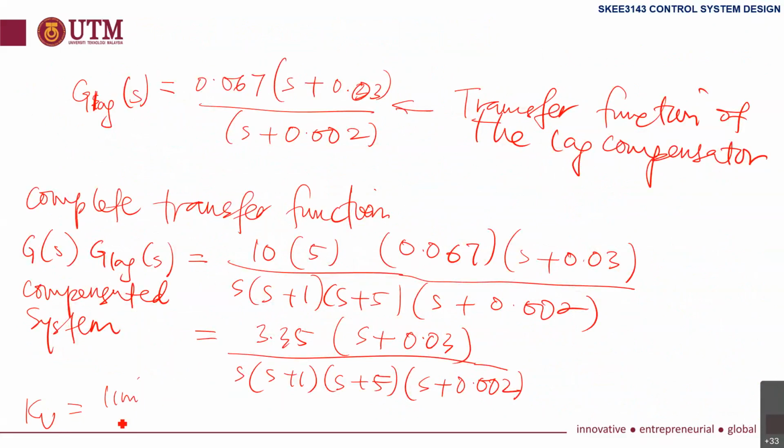KV is limit S to 0 of SGS. We can solve this, and you can see that KV is about 10. I've tried, KV almost 10. So error is 0.1.